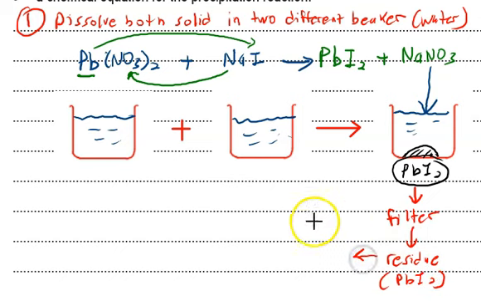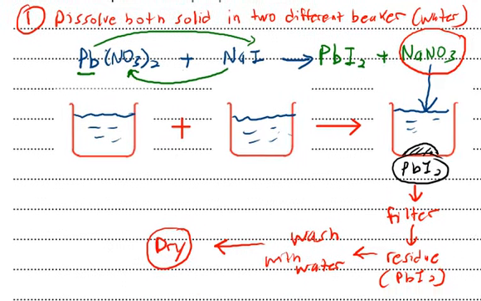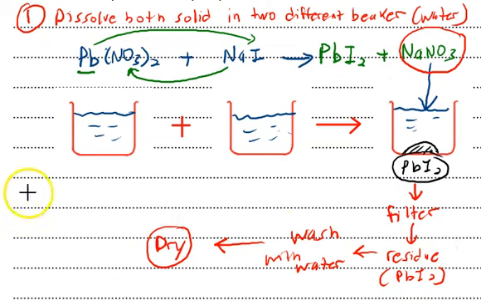Then we just have to dry it, or we can wash it with water first, to clear off the remaining sodium nitrate, and then we leave it to dry. That is how we can get the pure form of plumbum iodide.